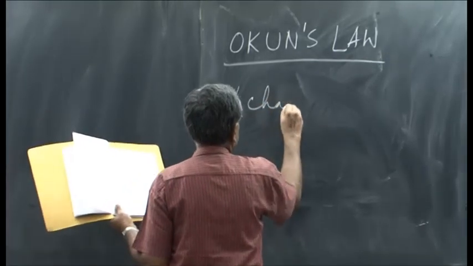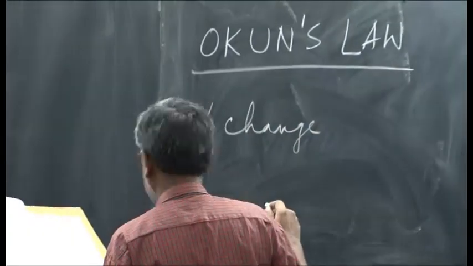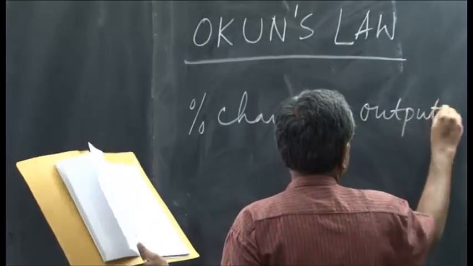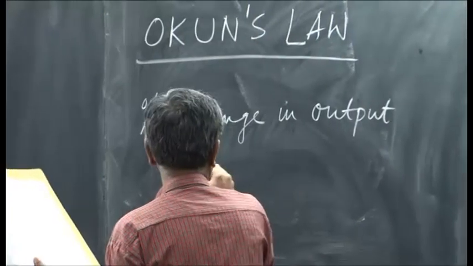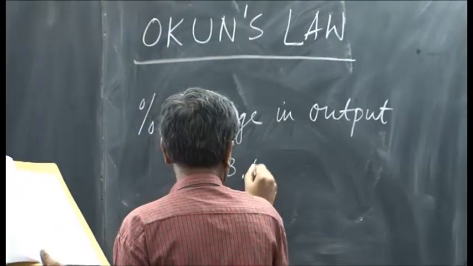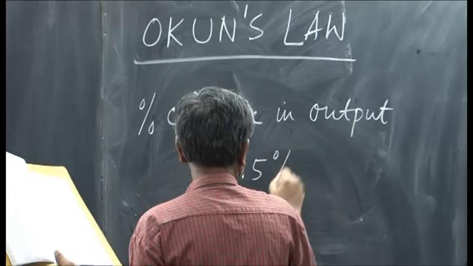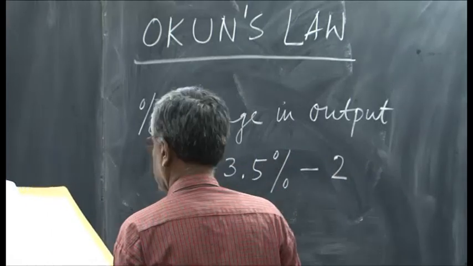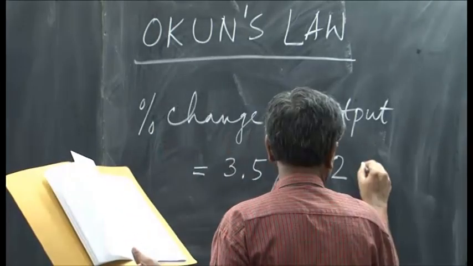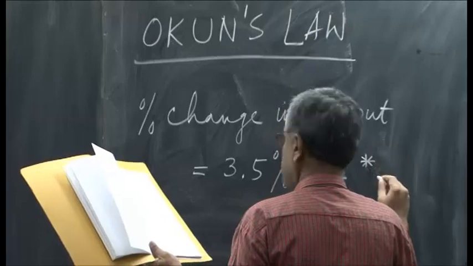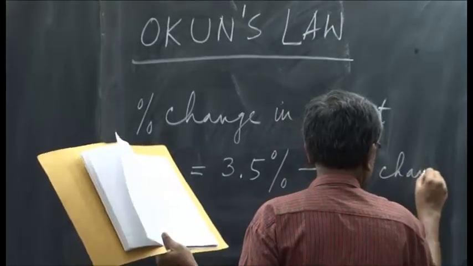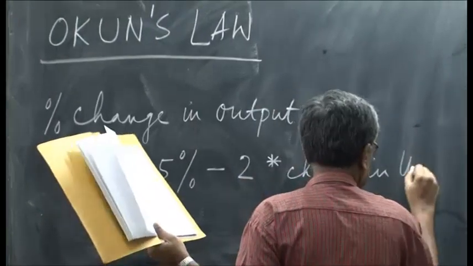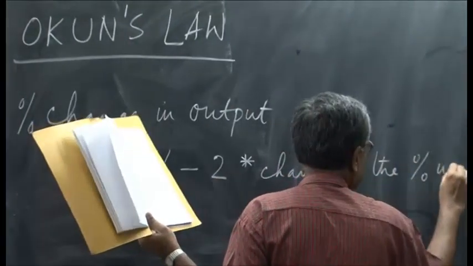Percentage change in output is equal to 3.5 percentage minus 2 times the change in the percentage unemployment rate.